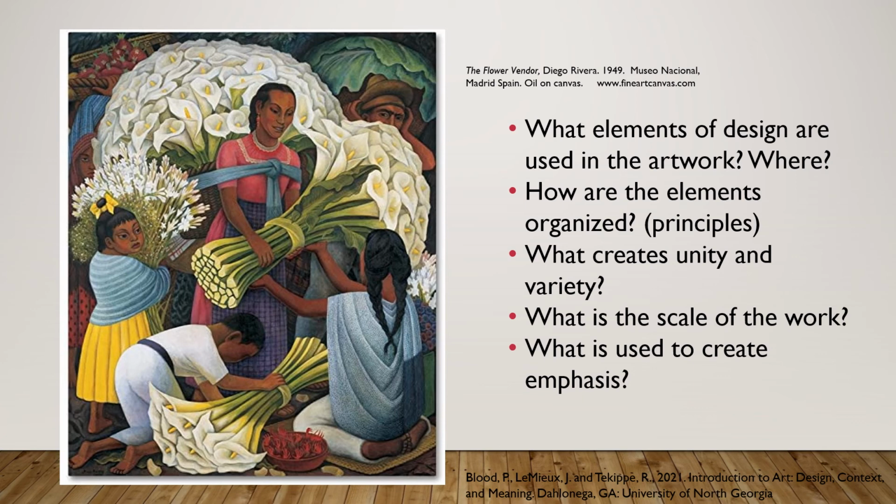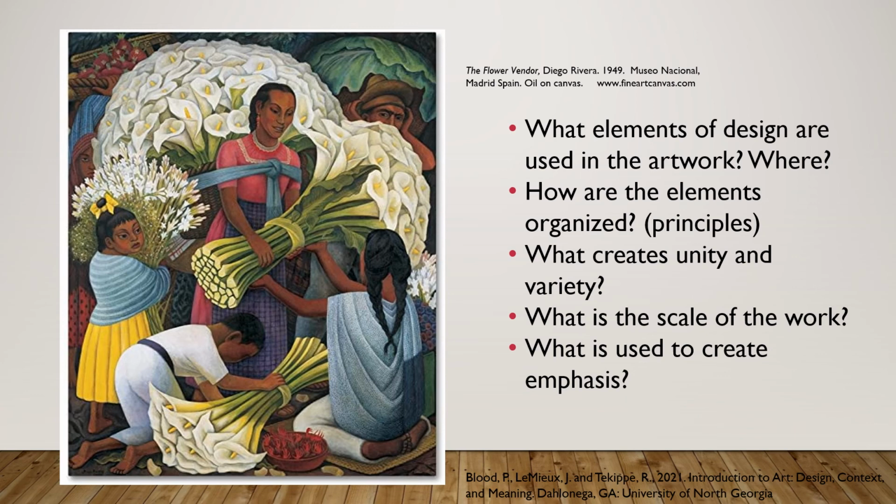We see principles used. We have unity because all of the calla lilies are all the same basic shape, all the same basic color, but then they have the bright green and yellow green stems to them. We have variety. Not everything is the same color.